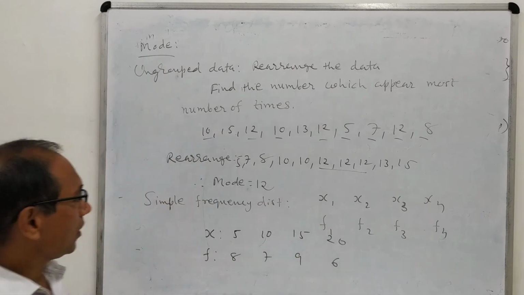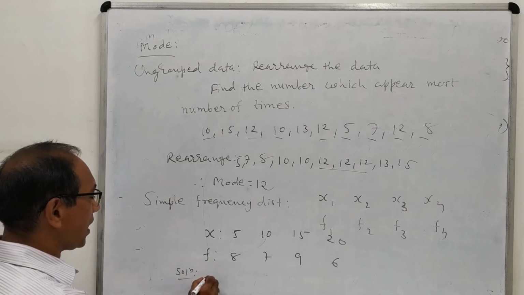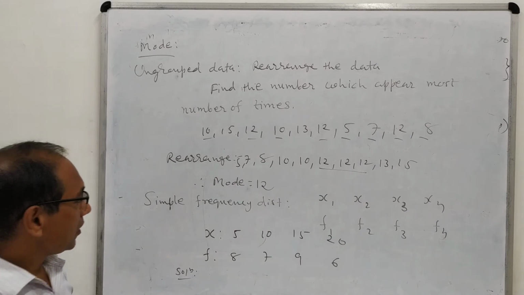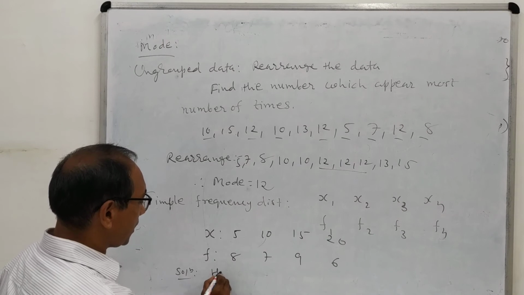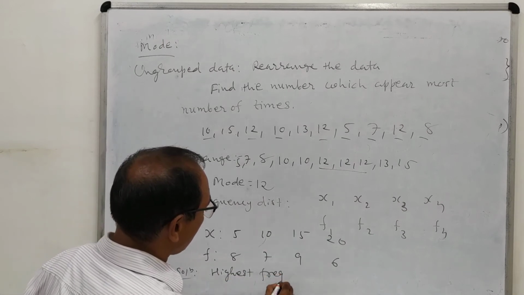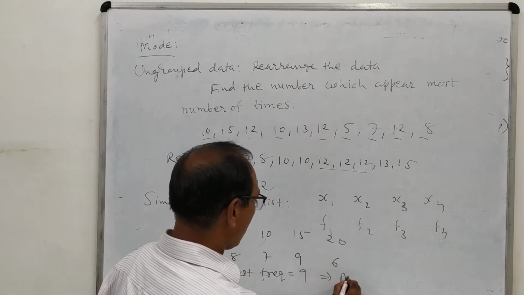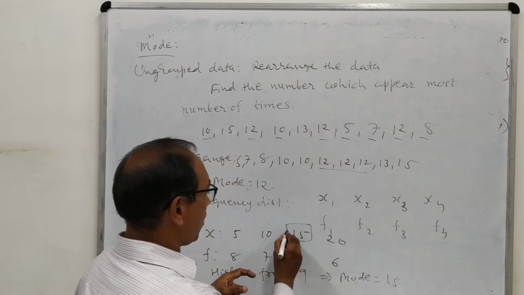Here you can write down the solution directly: from the data it is observed that the highest frequency is equal to 9, and therefore mode is equal to 15, the corresponding value of X.